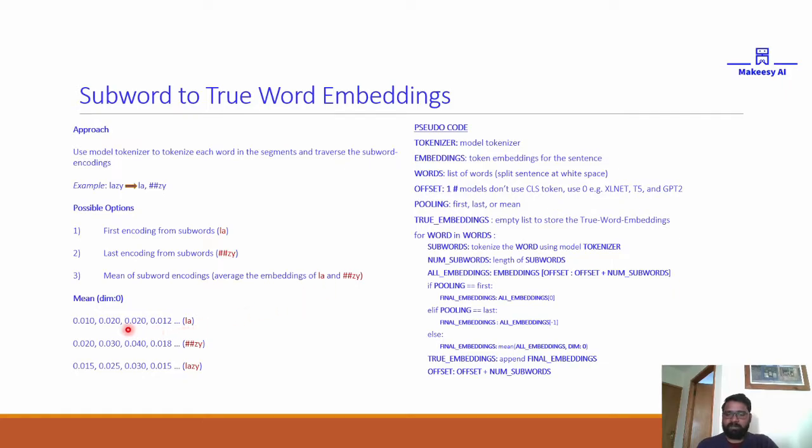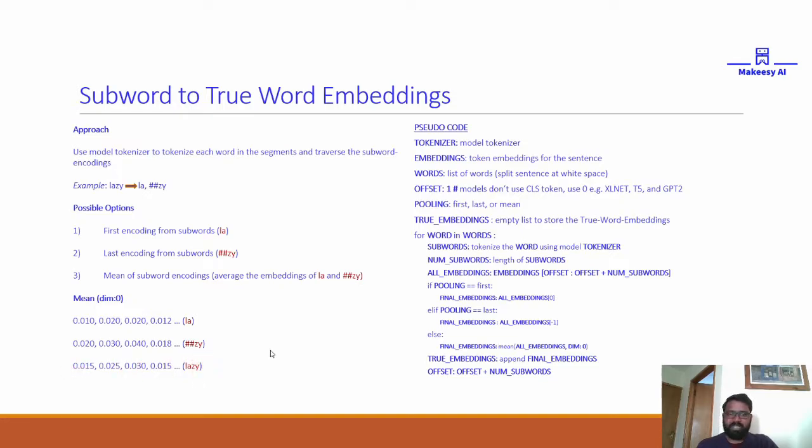Okay, so for example, if the token embedding for la is this, and then we have the token embedding for zy is this, and then we simply do a mean of the subword encodings, which is simply we take the average of dimension 0, take this and this, sum it and average it. Okay, that's what you get as the true word embedding for the word lazy.